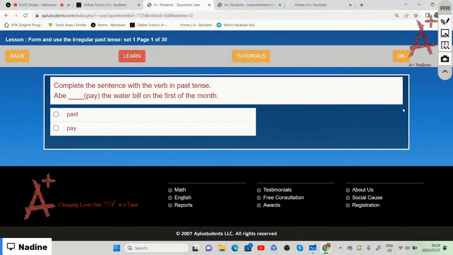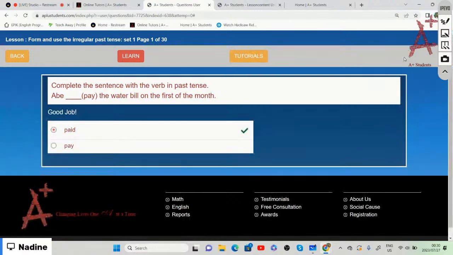We need to change that word pay to the past tense, so we choose the past tense verb of the word pay. Then we can say Abe paid the water bill on the first of the month. So if you have paid, then well done.